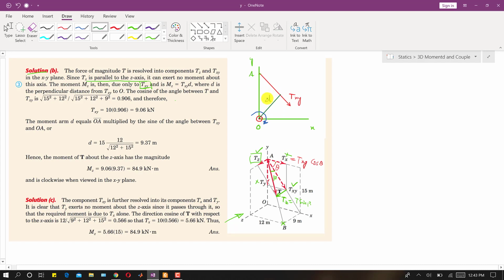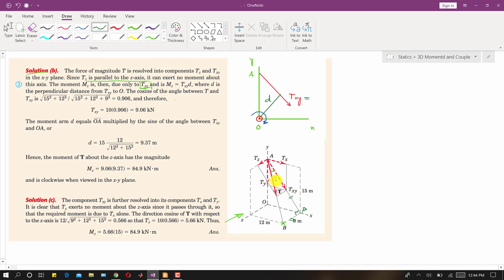But first we need to determine this Txy component. Now if we consider this triangle, let's suppose this is point P, the triangle A, P and B, and here we have 90 degrees.